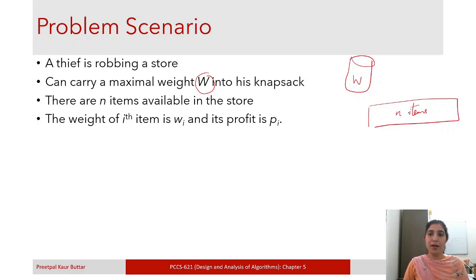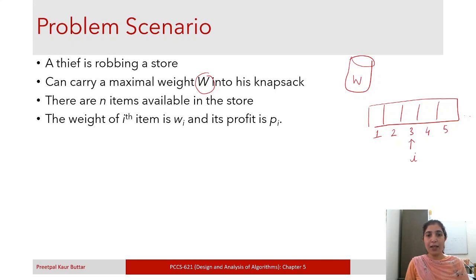Let us say these items are indexed by a variable I. So this is the first item, second item, third item, fourth item, fifth item, and so on. And suppose this is I currently.